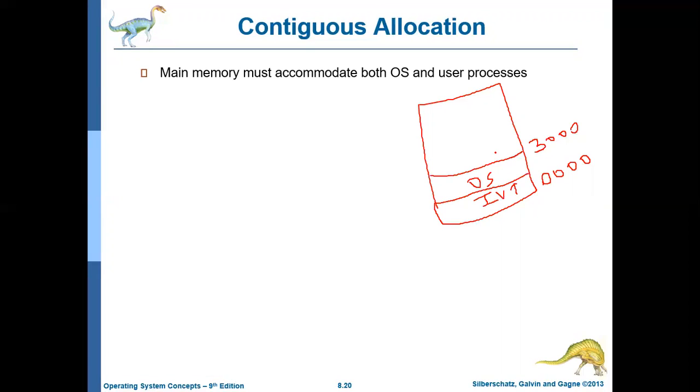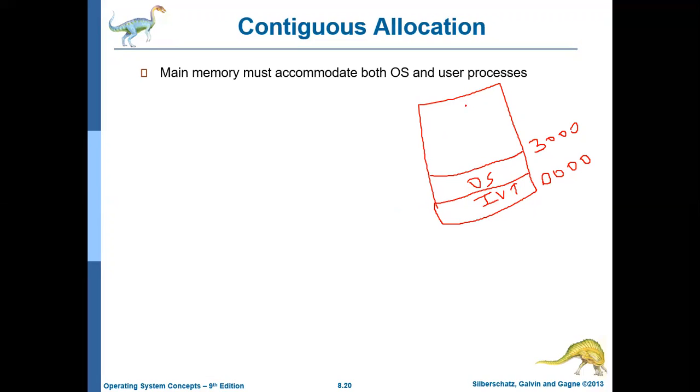So typically the operating system and interrupt vector table will be stored in the lower address, but there is no hard and fast rule. Some operating systems may keep it in the higher address. But throughout our discussions, we will assume that the operating system is stored in the lower address along with the interrupt vector table.